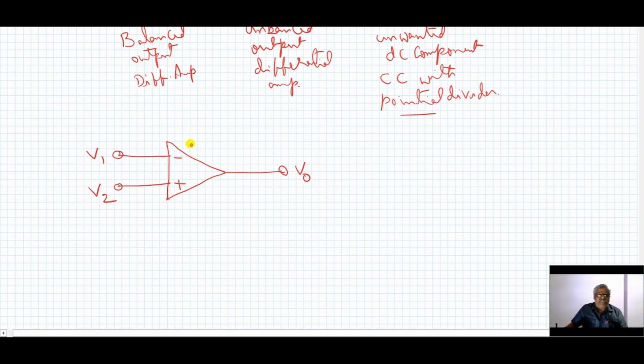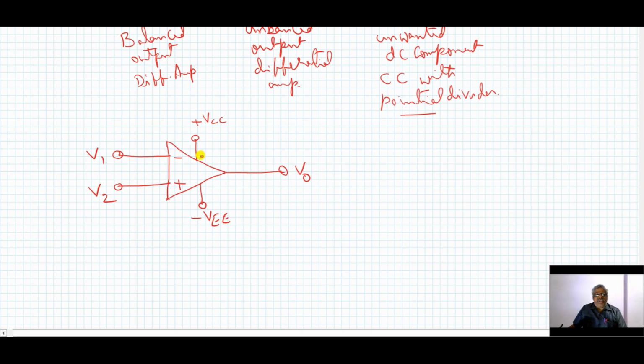For the operation of this operational amplifier circuit, DC power supplies are required. One is plus VCC, the other one is minus VEE. Generally, if required, we represent these minus VEE and plus VCC.